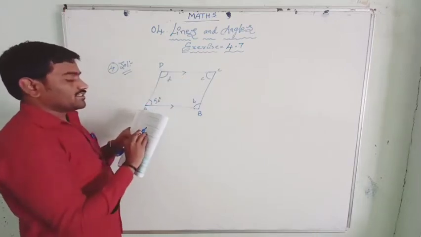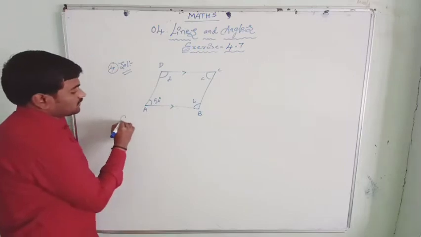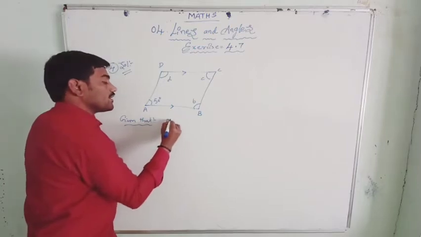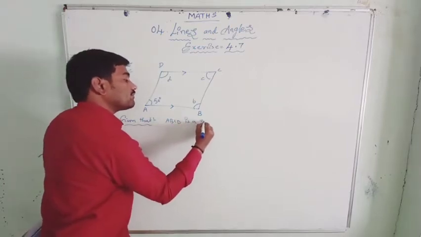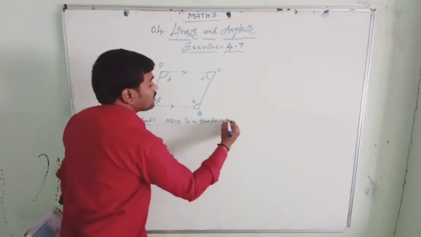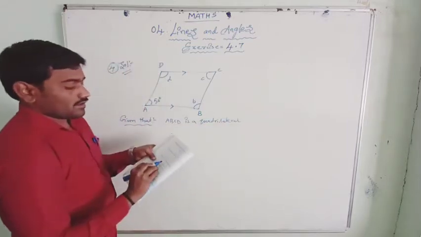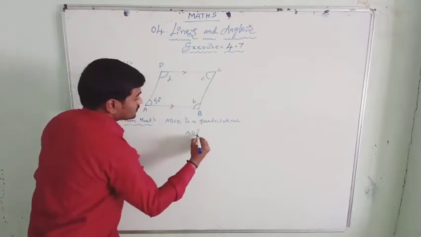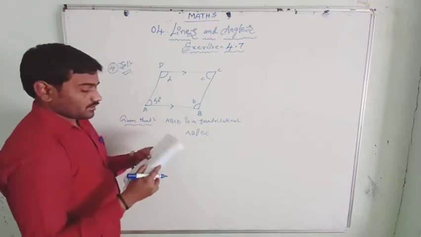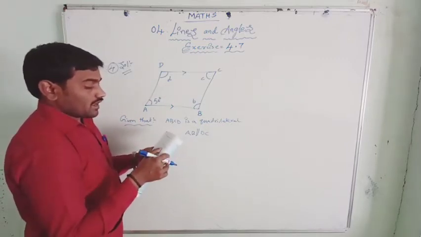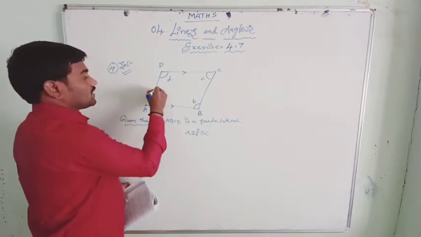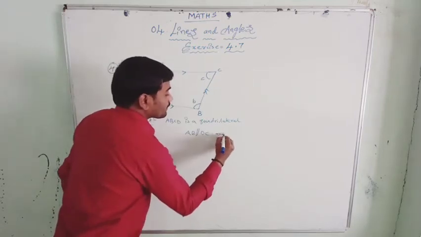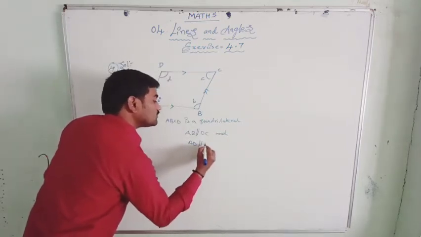ABCD is a quadrilateral. Given that ABCD is a quadrilateral, AB is parallel to DC, and AD is parallel to BC.